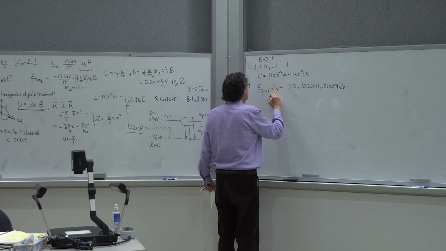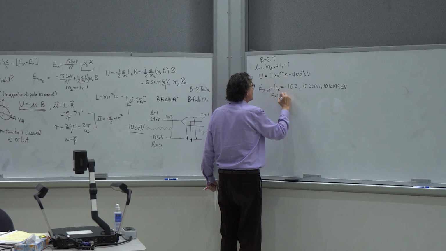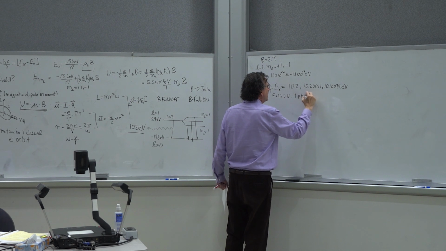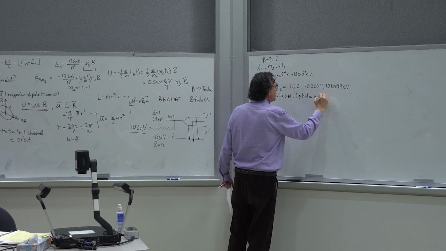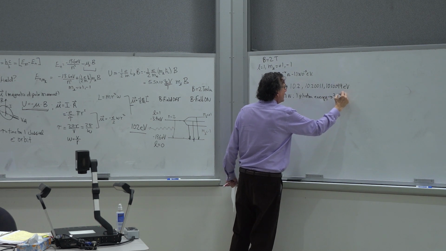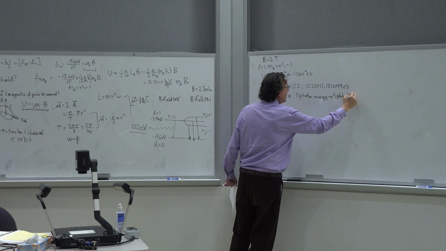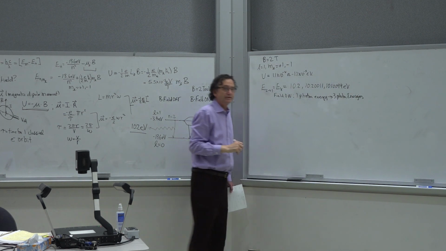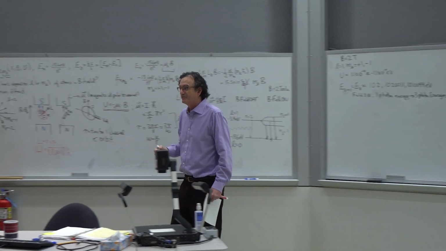So with the field on, instead of getting 1 photon energy for the transition, I now get 3 photon energies. And this was a big deal.